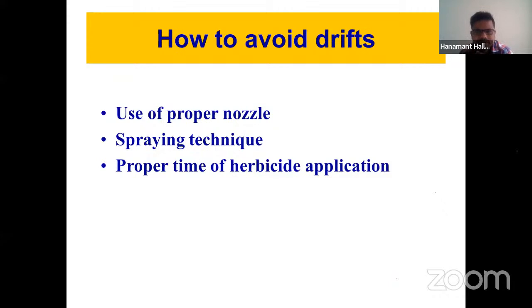So to avoid that effect, we need to use the proper nozzle, proper spraying technique, and proper time of herbicide application. That's why we usually recommend applying herbicides in the morning and evening time, when wind velocity is less. By looking at the wind velocity, we have to plan for herbicide spraying.